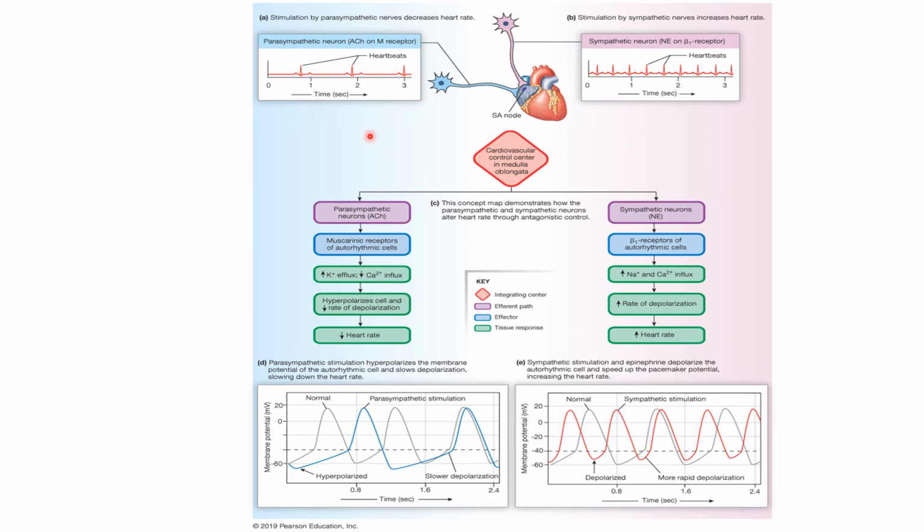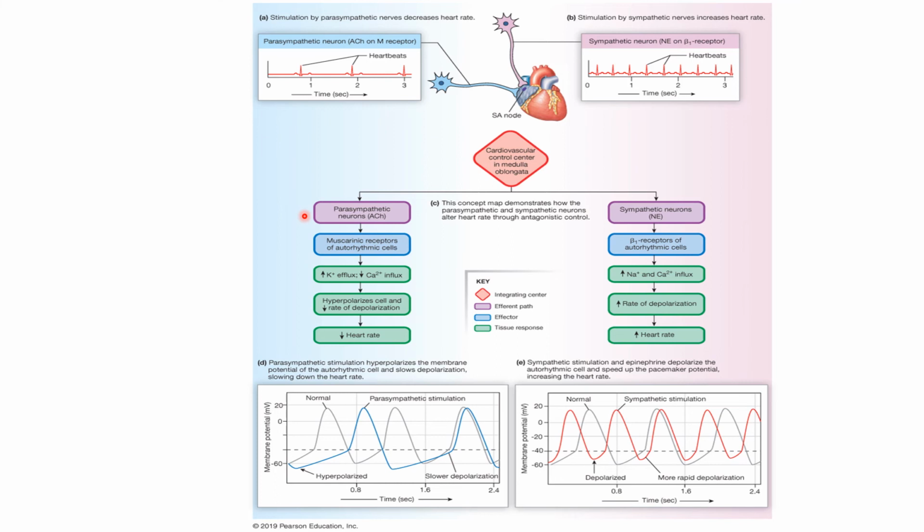Now, our parasympathetic nervous system and our sympathetic nervous system can actually affect our heart rate, either increasing or decreasing it. Our parasympathetic neurons release a neurotransmitter known as acetylcholine. Acetylcholine slows down our heart rate.